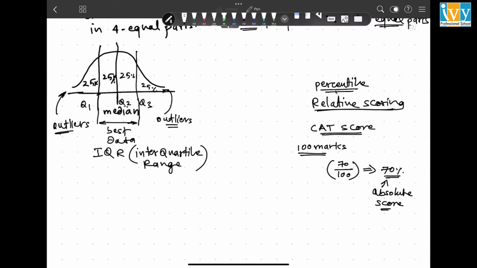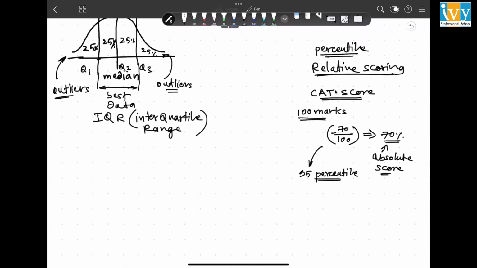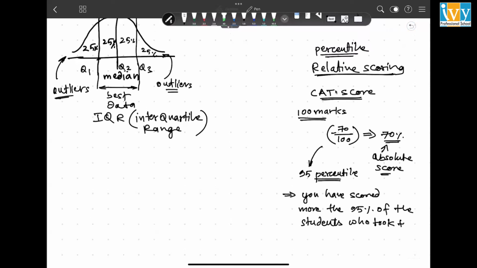So if I say you got 70 out of 100 and you have scored 95 percentile, then it means you have scored more than 95% of the students who took the exam.